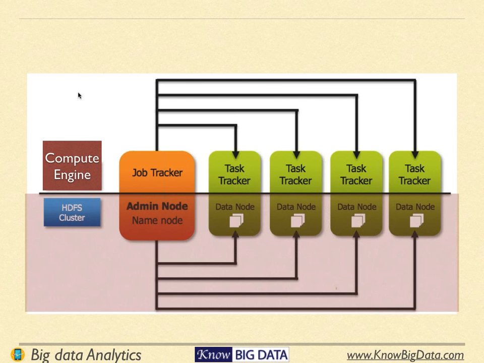There are a couple of things we did here. First, we divided the work. Instead of one person going through all the files, we made so many nodes go through the files parallelly. And one more clever thing happened, that the data is already on the task trackers, so there was no transfer involved.